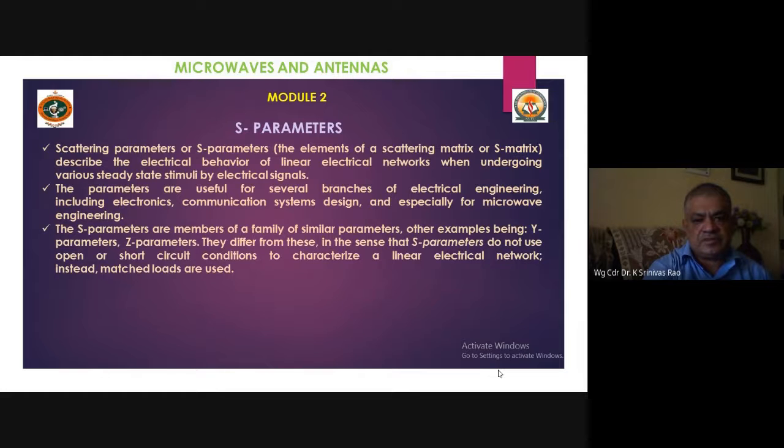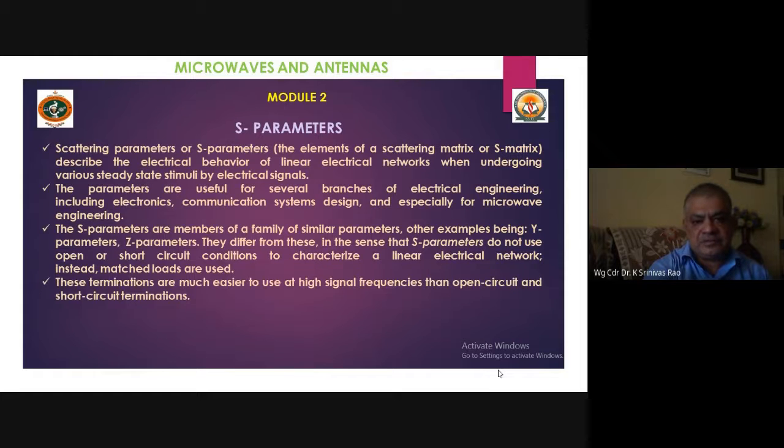These parameters are members of a family of similar parameters like Z and Y. They differ in the sense that the parameters do not use open or short circuited conditions to characterize a linear electrical network. Instead, they use matched loads for calculation of the other behavior and parameters.